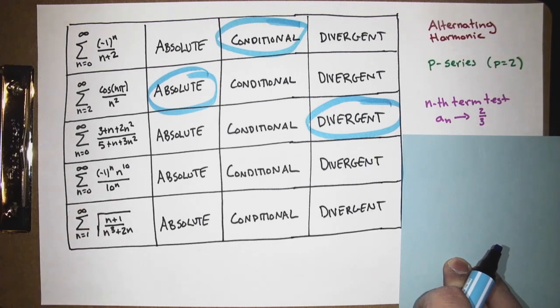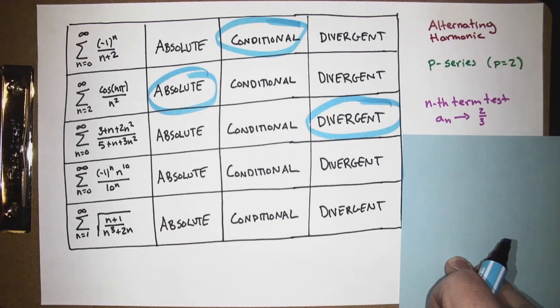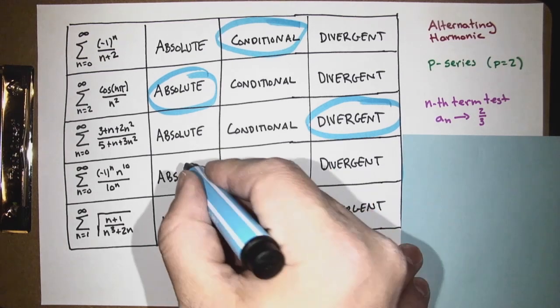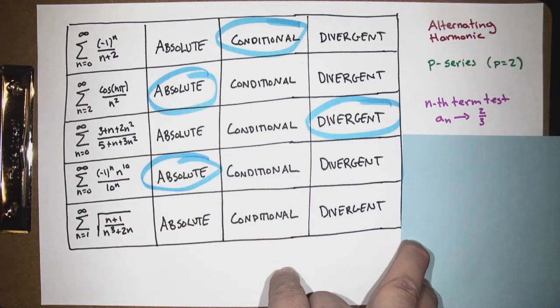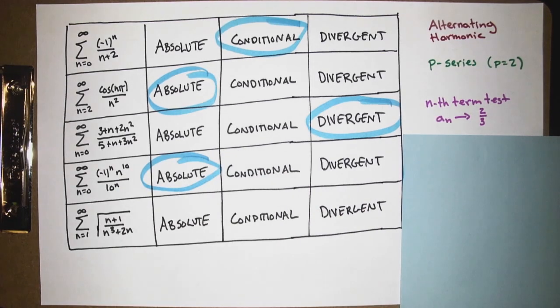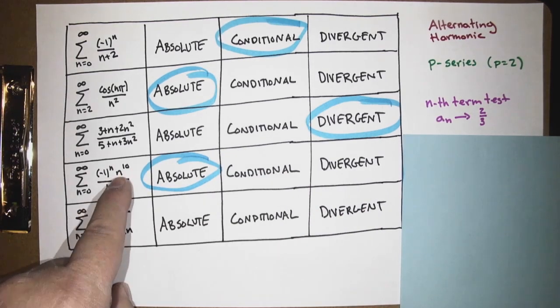Okay, the sum of (-1)^n times n to the 10th over 10 to the n. Absolute, conditional, or divergent? Absolute. It's absolute. Take the root test, because you see things to powers.